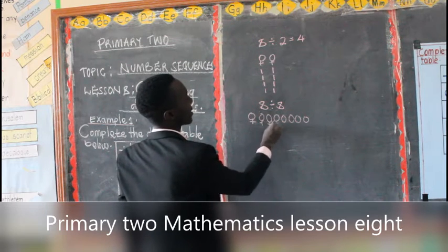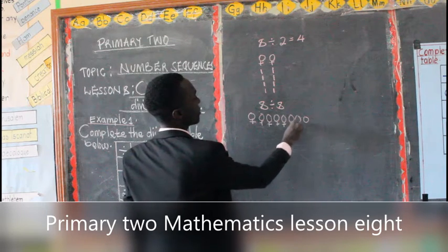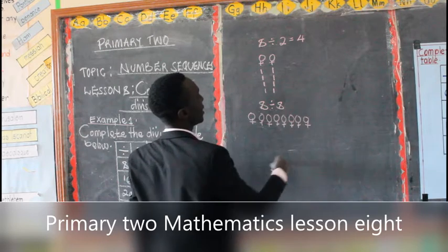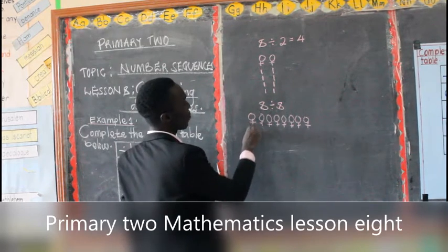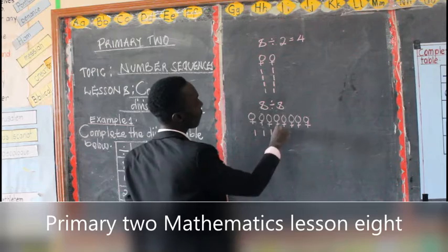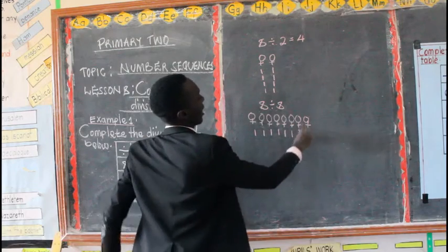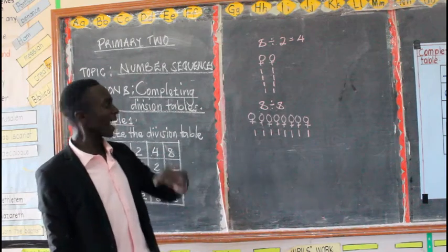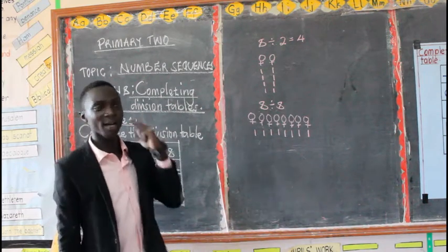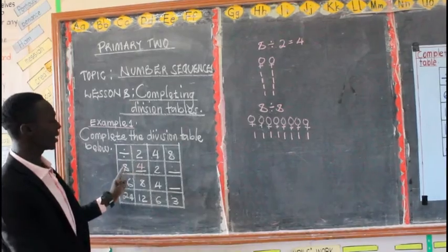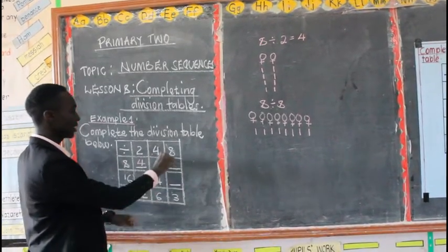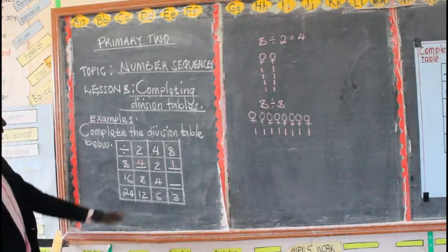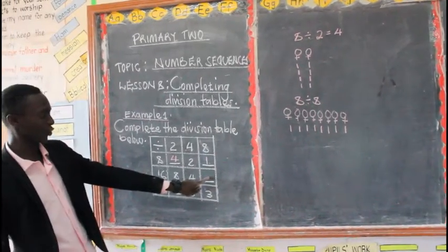You are dividing among 8. So 8 divided by 8, each gets how many? 1. I see each one getting 1. So when you get 8 divided by 8, everyone will get 1.